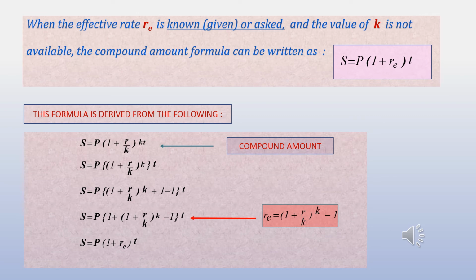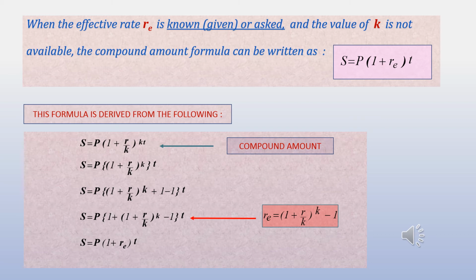When the effective rate RE is known, given, or asked in the problem, and the value of k is not available, the compound amount formula can be written as S equal to P multiplied by 1 plus RE to the degree of T.